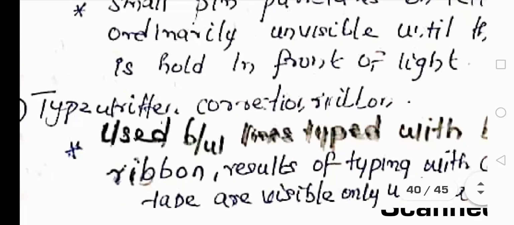And the last one is the typewriter correction ribbon. That means finding a random difference between the lines of the message. Naturally, the message can consist of a large number of lines.